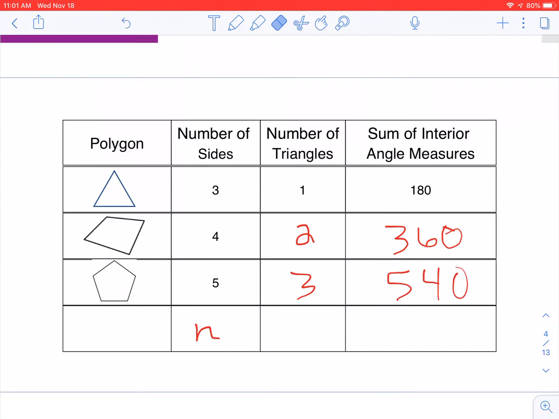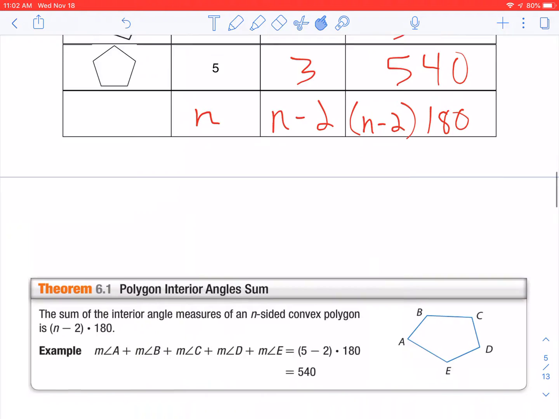So check this out. How did I go from 3 to 1? I did 3 minus 2, or n minus 2. I did 4 minus 2 is 2. 5 minus 2 is 3. And then what did I do to that number? I multiplied it by 180. Okay, so our formula is going to be n minus 2 times 180 to find the sum of interior angle measures.